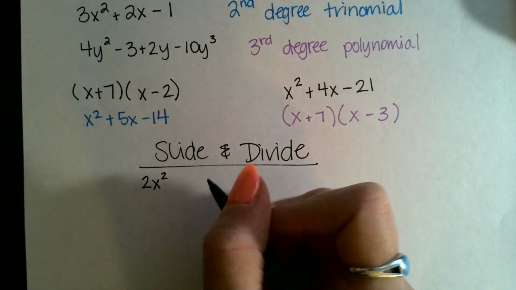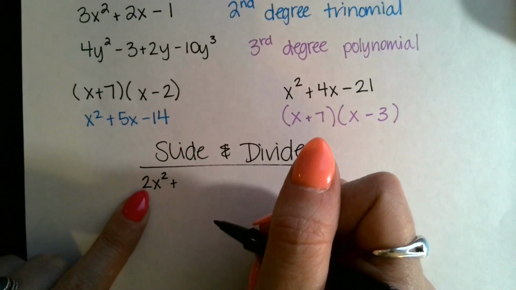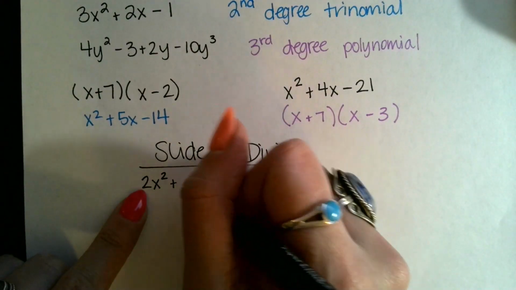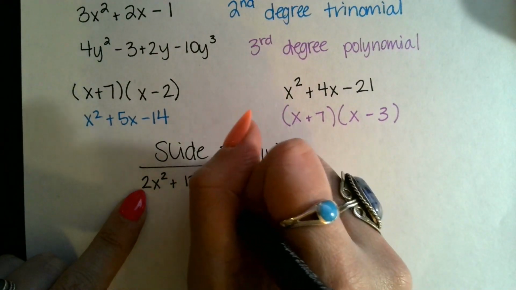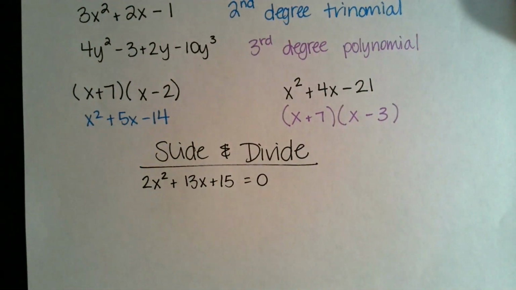Right, slide and divide is for when your A is larger than 1. So A is 2 here. And we'll make it equal to 0 and we'll solve it all the way through. Okay, so slide.